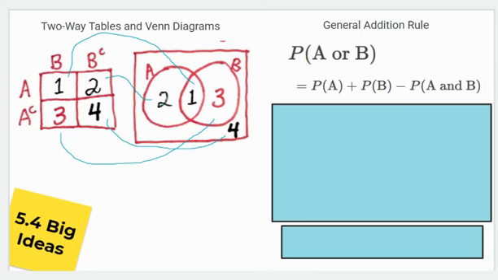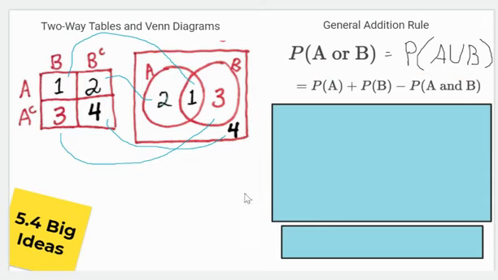This is the same as the probability of A union B. We actually talked about this symbol in the last Big Ideas video, but I wanted to put it in there as well. So the probability of A or B, this is the addition rule, is equal to the probability of A plus the probability of B minus the probability of A and B.